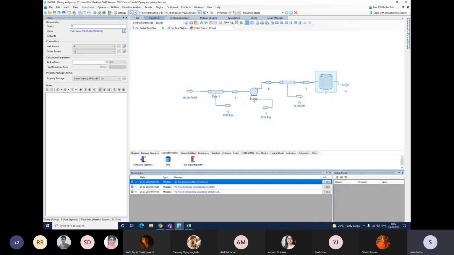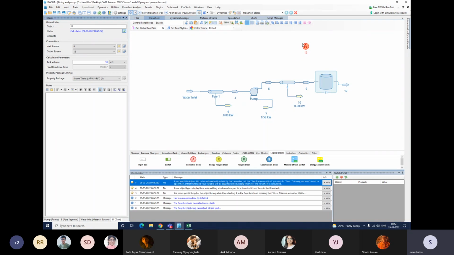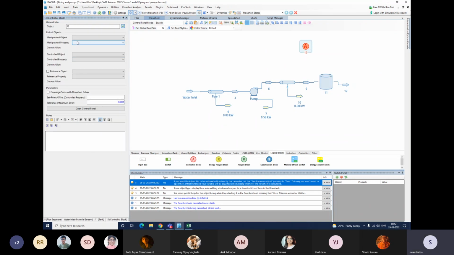Whenever we wanted to go for a desired set point value, we need to use this controller block. This control block gives you what you want to manipulate to achieve the required set point value.